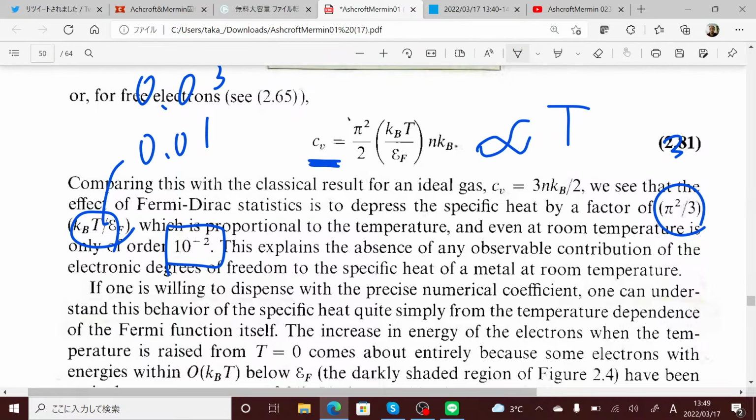This explains the absence of any observable contributions of the electronic degrees of freedom to the specific heat of a metal at room temperature.